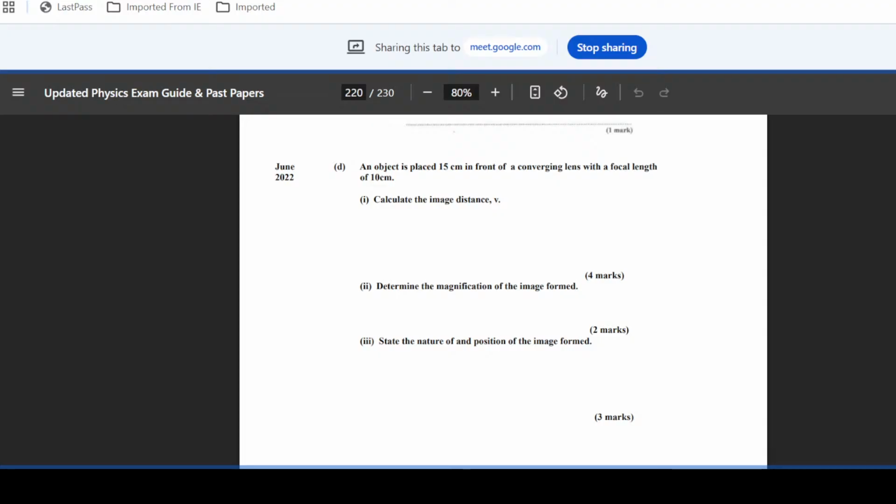So the focal length in the question was 10. Remember U is for object distance. So what they're saying is that if the image distance is greater than the focal length but less than 2 times the focal length, it will have these properties.